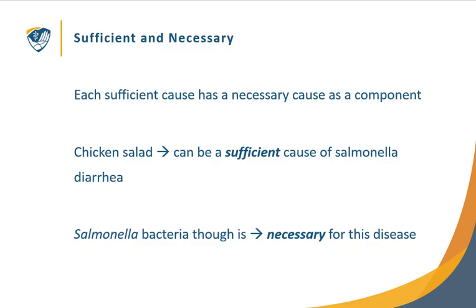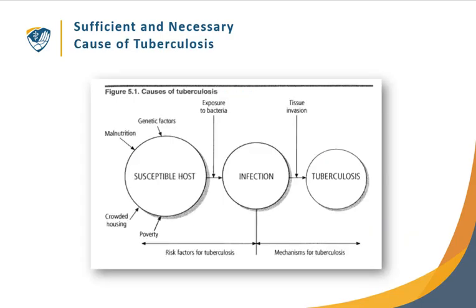The ingestion of the salmonella bacteria, though, is a necessary cause. So the chicken salad or the dessert, they could be sufficient causes, but the salmonella is the necessary cause of the disease.